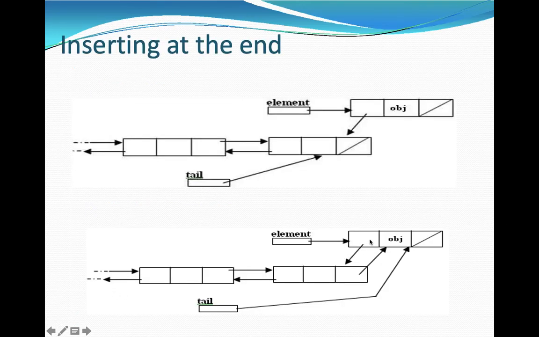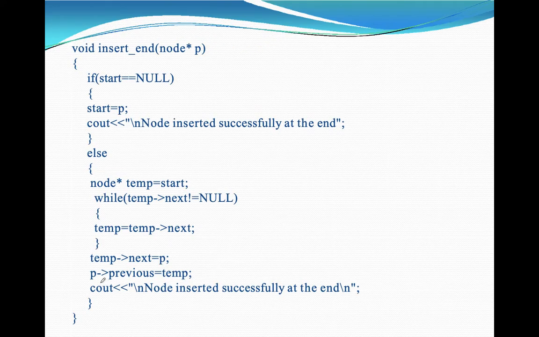The previous of the new node is pointing to the current node. The previous of this one is pointing to the new node. That's why it is storing here. Achha.